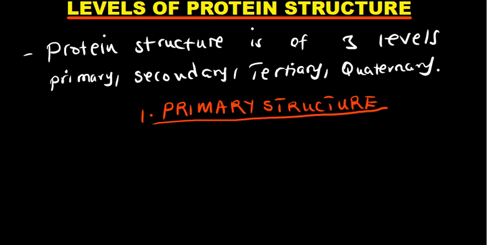So the primary structure of a protein is just defined as the number and the sequence of amino acids.